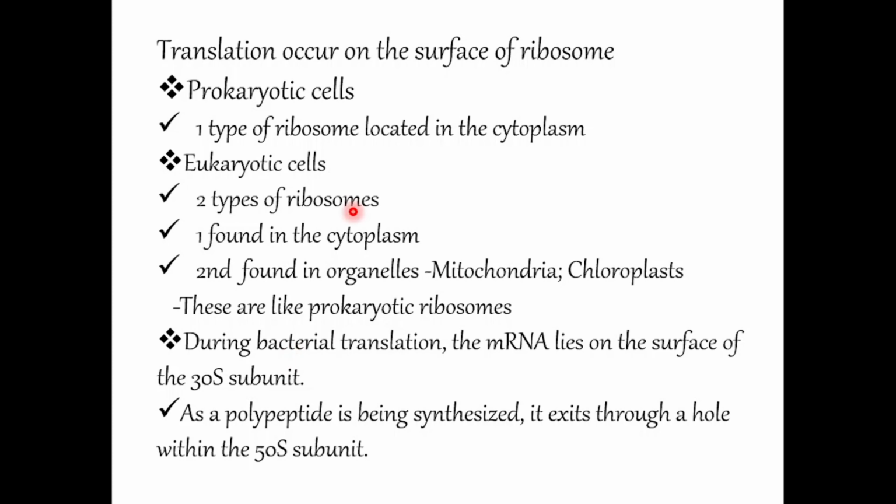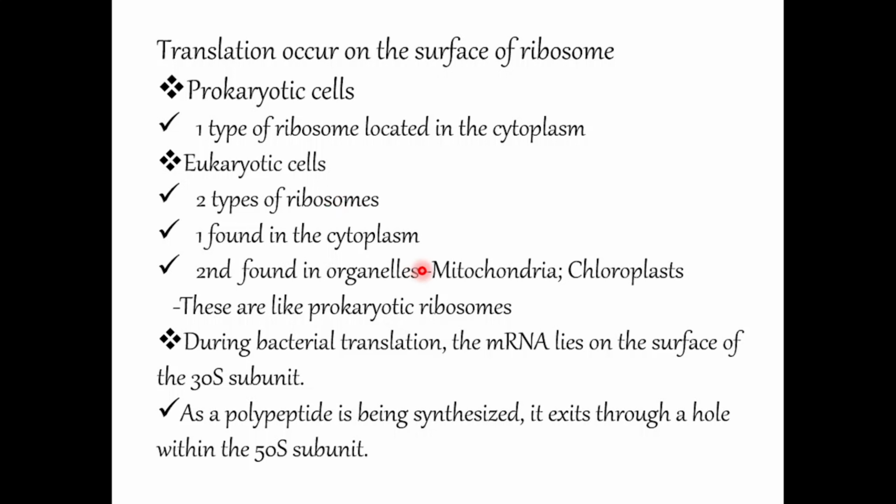The question is, how does translation occur? How is translation happening in both prokaryotic and eukaryotic cells? Actually, the process of protein synthesis, or translation, occurs on the surface of the ribosome. In the case of prokaryotic cells, there is only one type of ribosome, which is located in the cytoplasm. But in the case of eukaryotic cells, there are 2 types of ribosomes. One may be free in the cytoplasm.